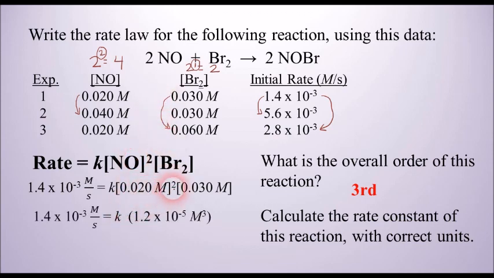So 0.02 squared times 0.03 would be 1.2 times 10 to the negative 5th molarity cubed. And I want to multiply both sides by 1 over molarity cubed. And of course divide both sides by the 1.2 times 10 to the negative 5th. And for our units, you can see the units will be 1 over molarity squared seconds. And the number is about 120.